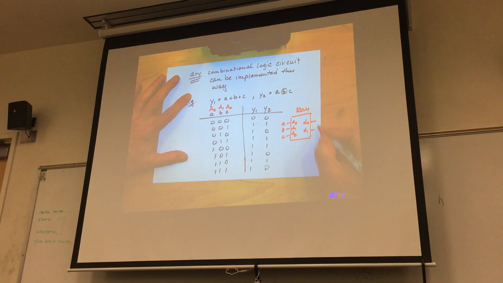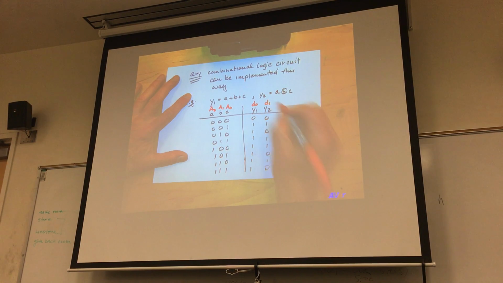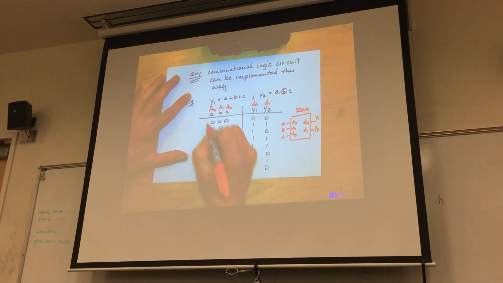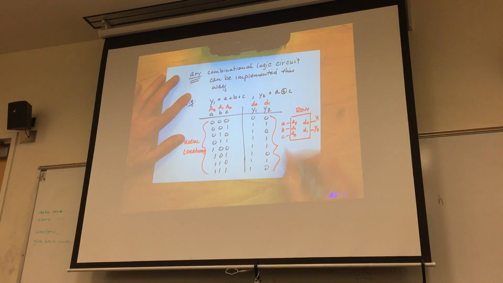And this will be, let's say Y1 and Y2. So Y1 is D0, and this is D1. And these are memory locations. Data in each location.